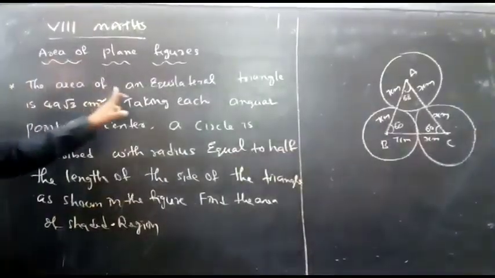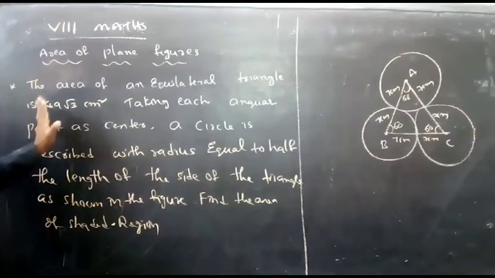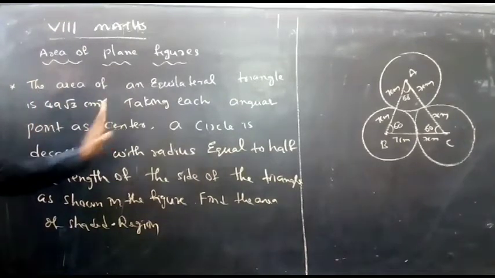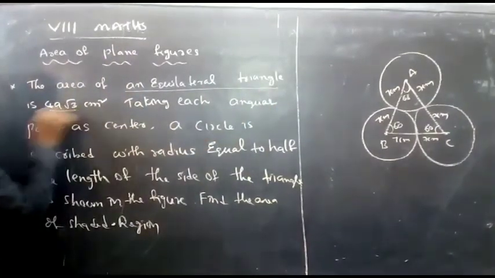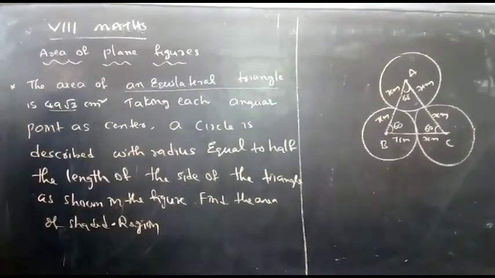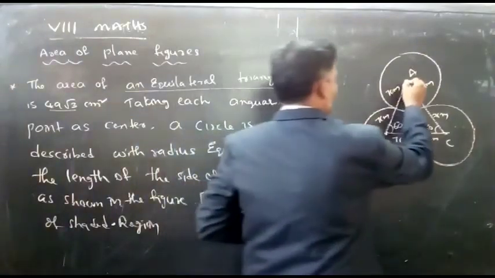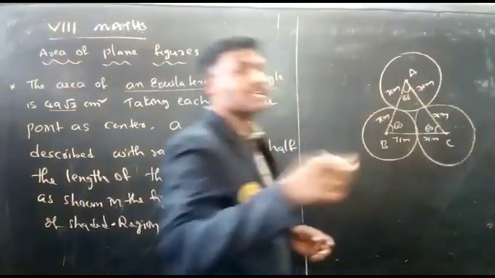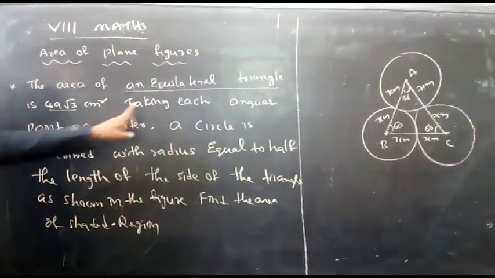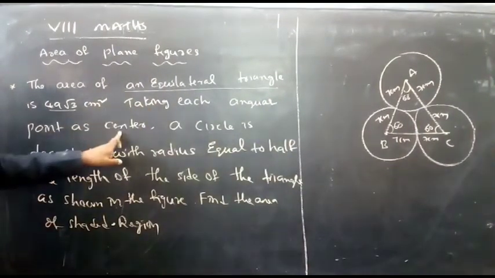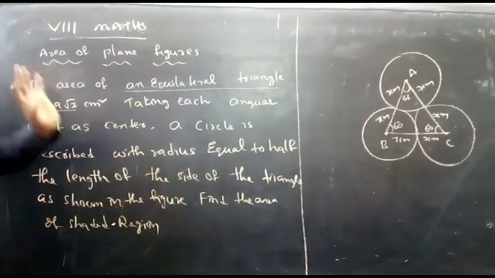The area of an equilateral triangle is 49 root 3 centimeter square. Taking each angular point as a center of a circle, a circle is described with radius equal to half.